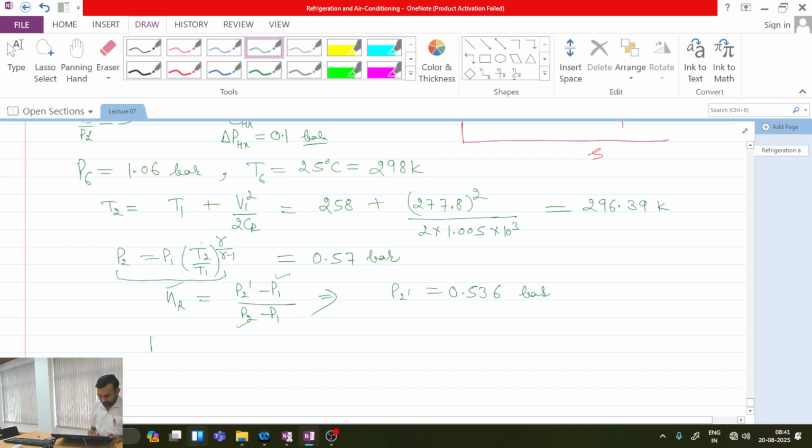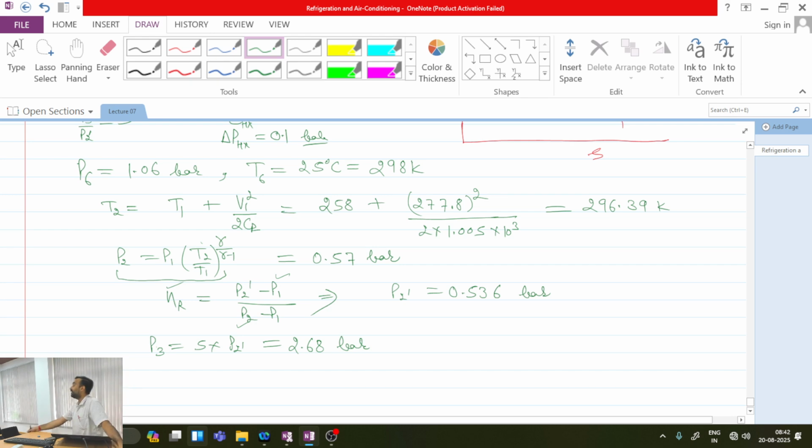So P3 will be equal to 5 times P2 dash, because inlet is P2 dash. Please calculate. 2.68 bar.